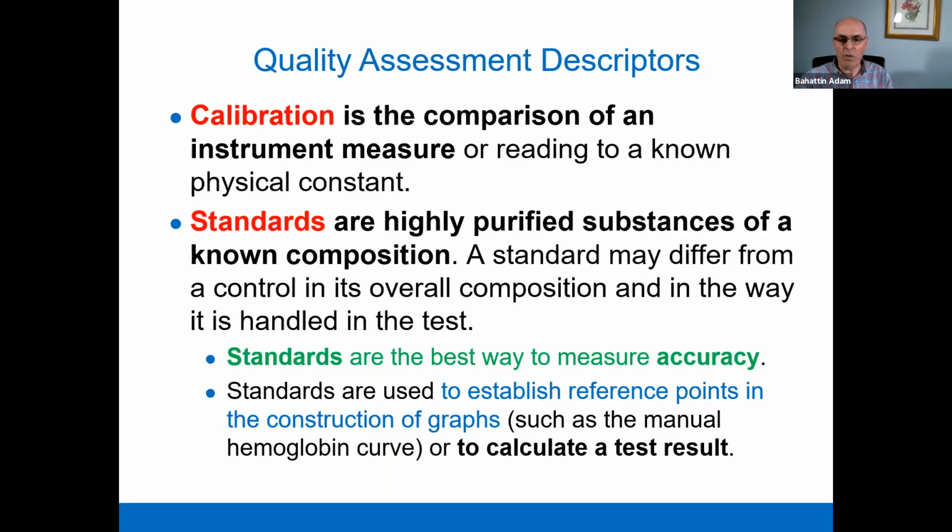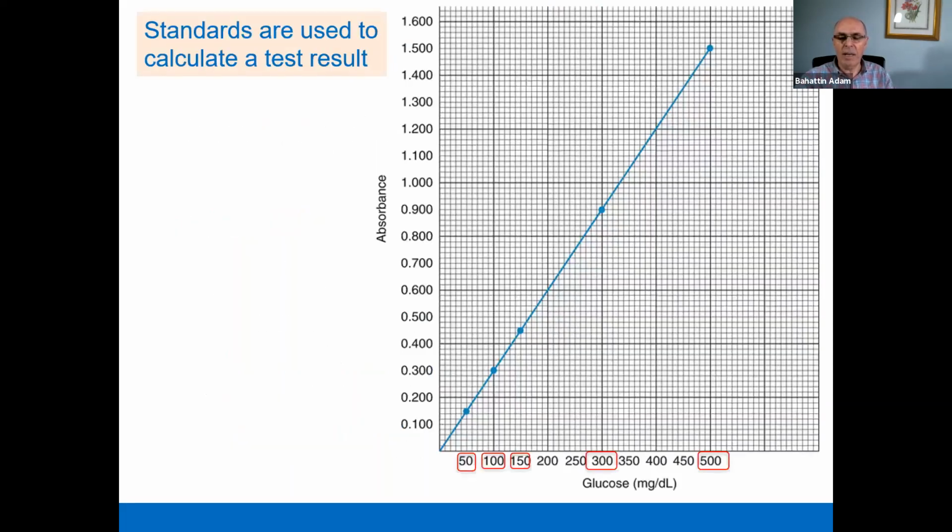Now I am going to show you here. Let's say you need to measure the level of glucose in patient samples. For that, you need to prepare a graph by using different levels of glucose.